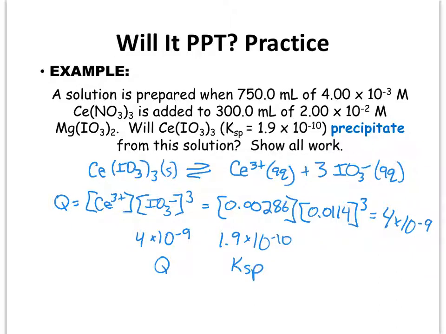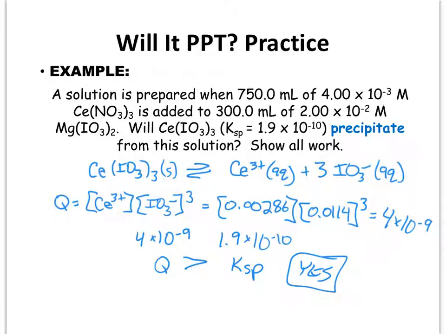So when you compare these numbers, the Q, because it's minus 9th, is actually greater than the Ksp, which is minus 10th. So according to this, if you follow the alligator, the reaction is going to shift to the left side, or more of the solid is going to form. Therefore, yes, a precipitate will form.